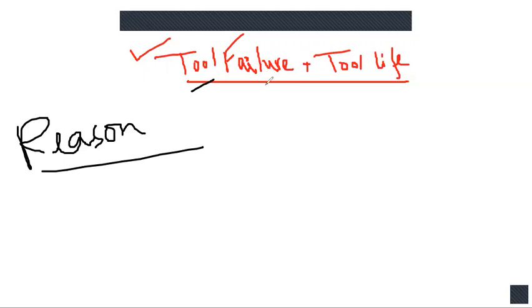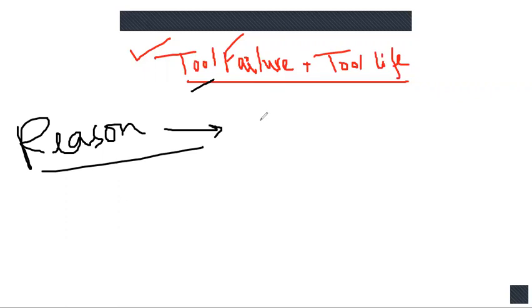First of all, we have already discussed the cutting operation is done by the tool because the cutting force is acting on the job by the tool. Okay. Now the important role of cutting force is to cut the job.